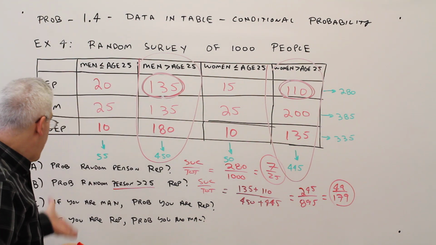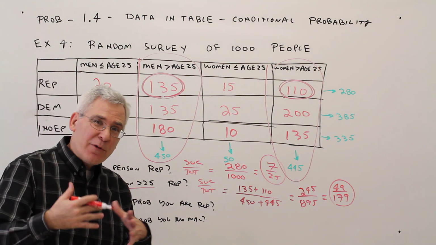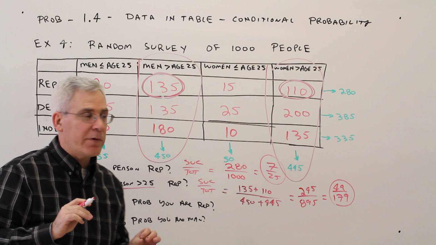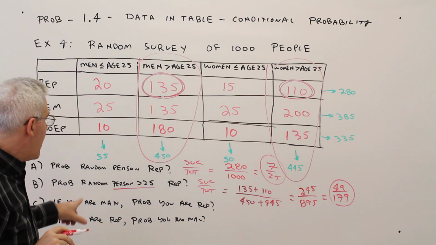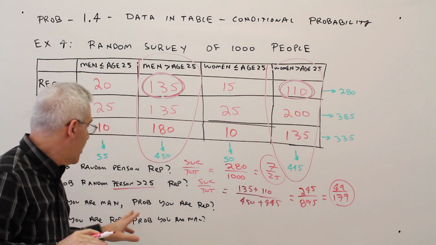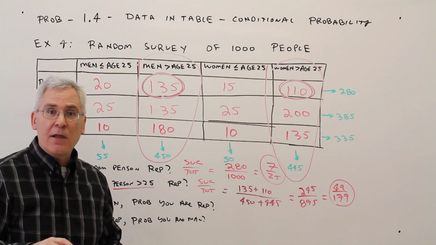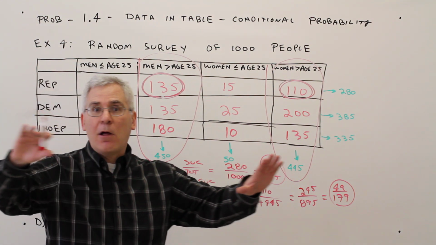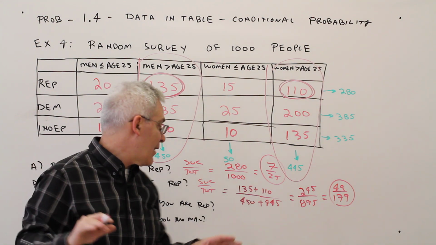Parts C and D are similar, but they've got a small nuance of a difference. C, if you are a man, what's the probability that you are Republican? Now I'm talking about all the men, so that's my sample space.